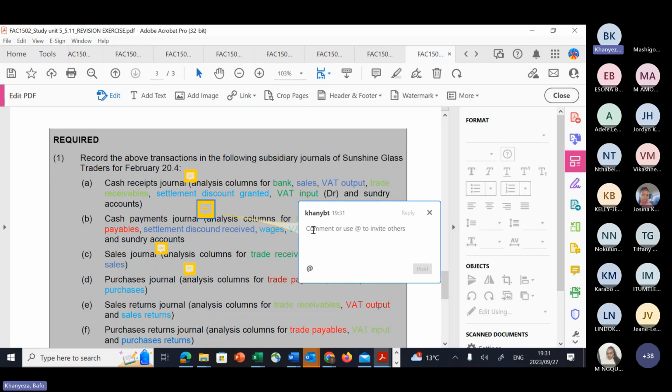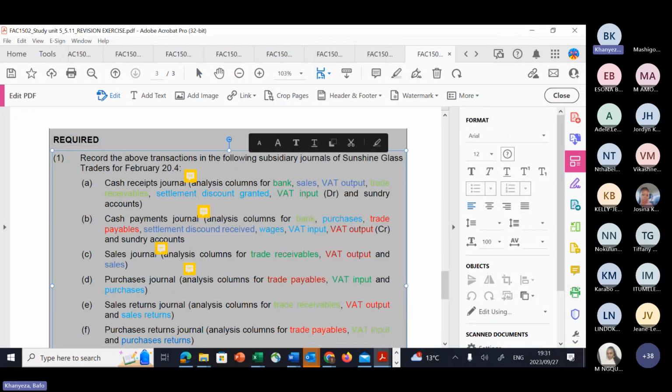The moment they say bank, by cash, by what, then you know it is a cash payment transaction. And then the sales return is obvious, as is purchases return.